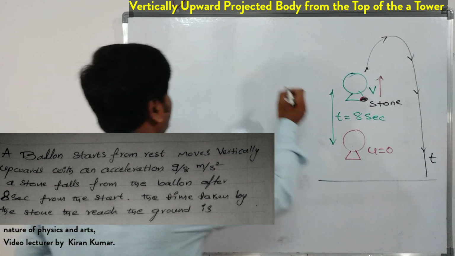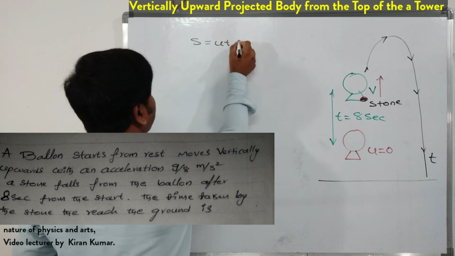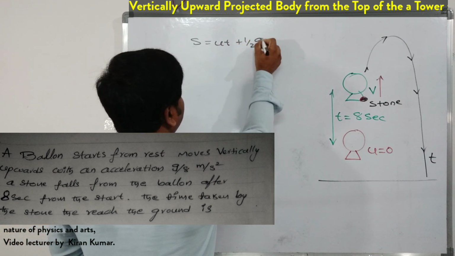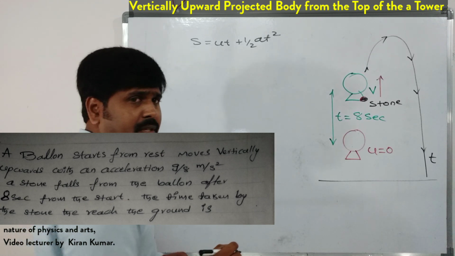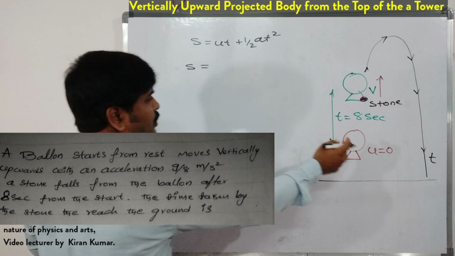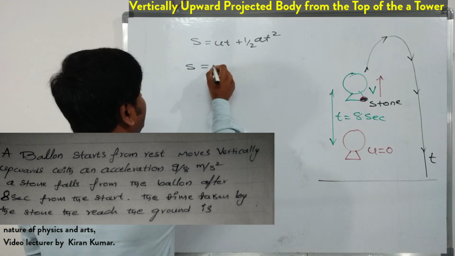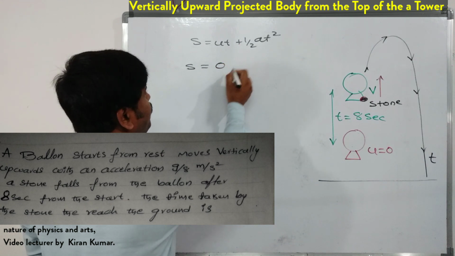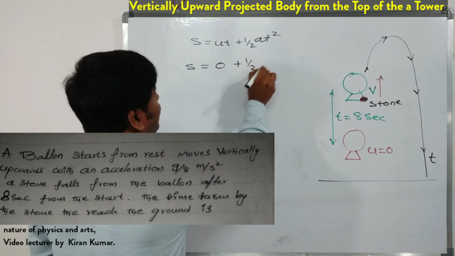Here first I am going to write S is equal to ut plus half at square. Then S is equal to u, starting from rest given, so u is 0, into anything is 0, plus 1 by 2.